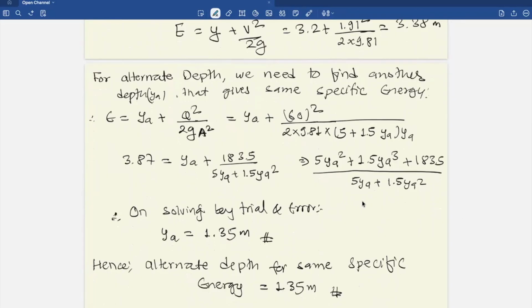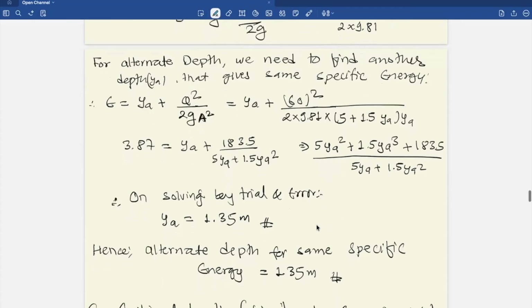And one tip that I can give for trial and error on alternate depth is to start with a small value, since you are looking for the supercritical alternate, and bracket the answer. If energy is too high, increase ya. If energy is too low, decrease ya.